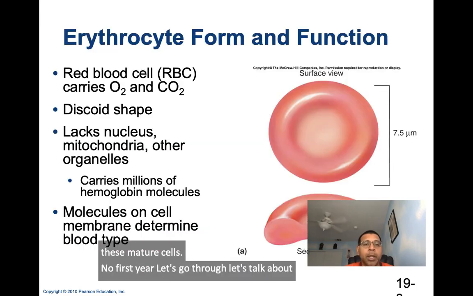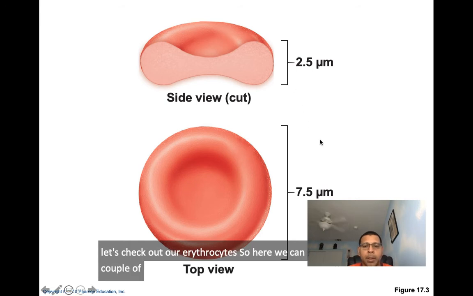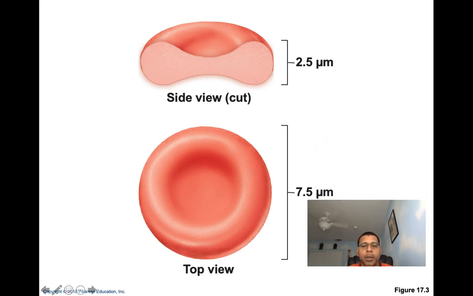Let's check out our erythrocytes. So here we can appreciate a couple of images of some nice erythrocytes. Now, when we talk erythrocytes, first let's talk about their structure, their size and shape. They're shaped like miniature donuts. They're biconcave discs.